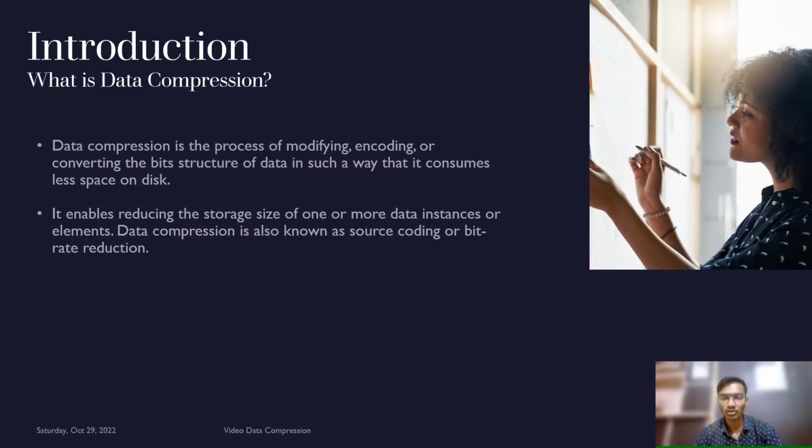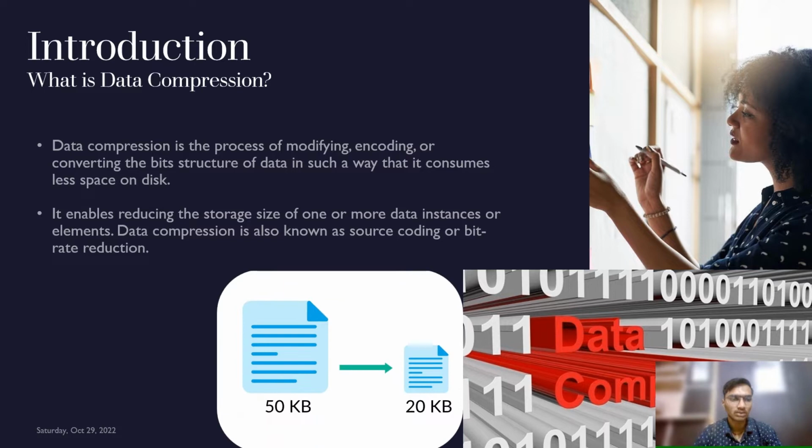What is meant by data compression? Data compression is the process of modifying, encoding or converting the bit structure of data in such a way that it consumes less space on disk. If there is a large data file, let's say a 2 GB data file, and we have to store it on our disk, but we do not have that much space, then we can compress that file and store it.